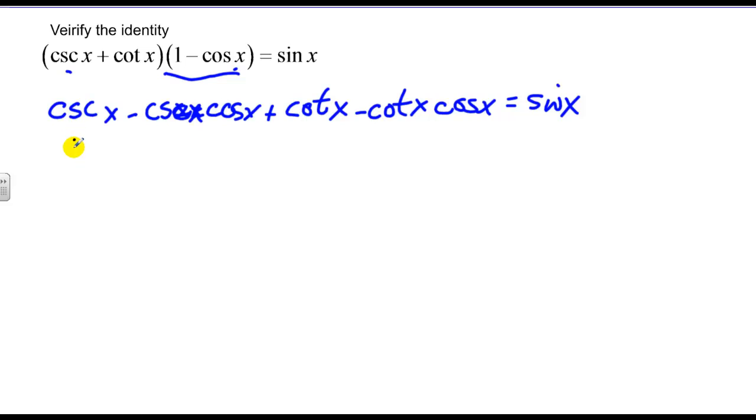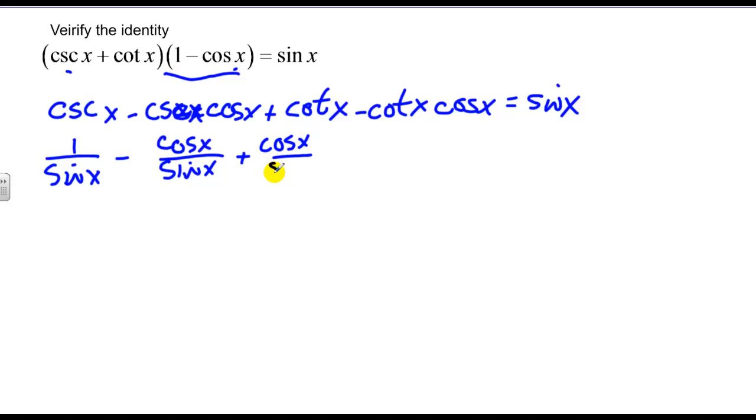I've got 1 over sine here minus cosine over sine because cosecant is 1 over sine. Cotangent is simply cosine over sine. Once again, cosine over sine, and that's times cosine.